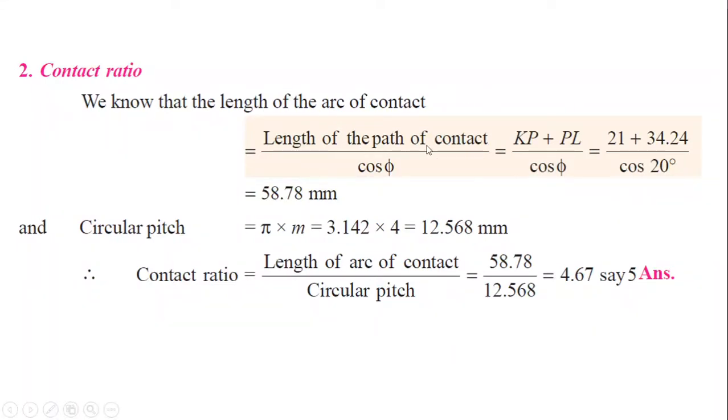Here the length of path of contact KL equal to KP plus PL. Already we found the KP and PL values, and divide by cos 20 degree. Now we get the value of arc of contact. Circular pitch is nothing but pi into m, where m is the module of the gear wheel.